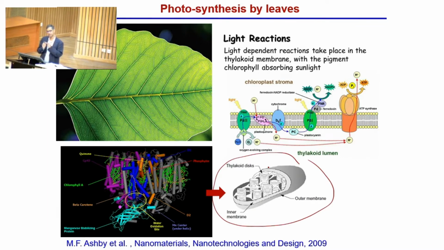These color sensitive pigments absorb the sunlight, and that's responsible for this photosynthesis. Okay, and you know, the efficiency of this process is 95%, which is very, very high compared to any other process. It's a natural process, using a nanometric length scale, happening inside the tree leaves.